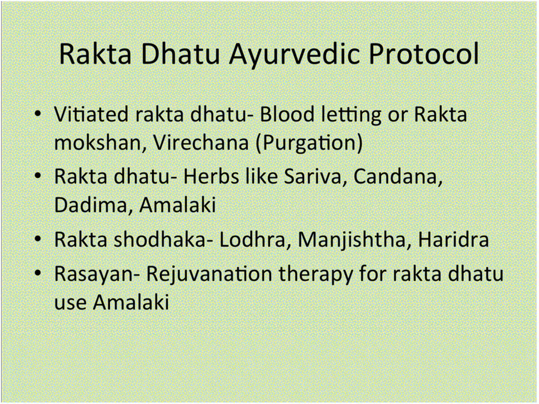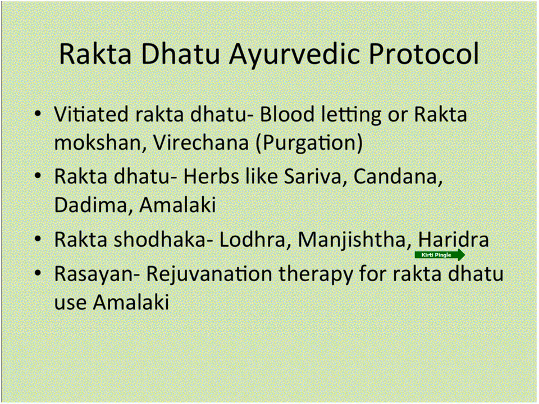And for Rakta Dhatu Ayurvedic protocol, we have seen for vitiated Rakta Dhatu, we can do bloodletting or Rakta Mokshan or Virechan therapy. In case of herbs, we can use Sariva, Chandan, that is sandalwood, Dadi means pomegranate, and Amalki. Rakta Shodhak or Rakta purifying herbs are Lodra, Manjishta, and Haridra.